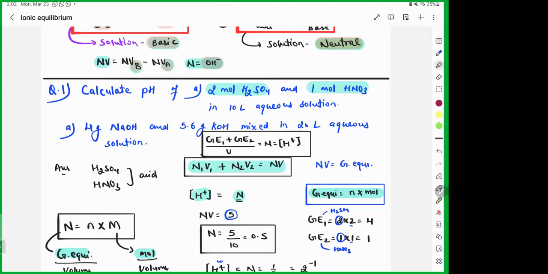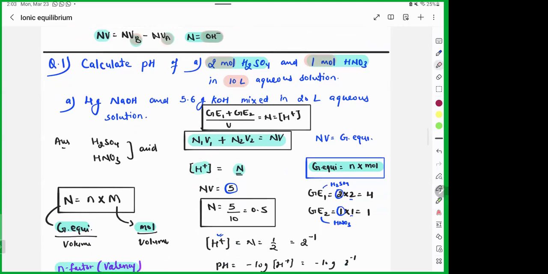Example, in this question, you have 2 mole of H2SO4 and 1 mole of HNO3 in this liter of solution. So if you apply formula N1V1 plus N2V2 equal to NV, why? Because H2SO4 is a strong acid, HNO3 is also strong acid. And how to calculate this normality? N factor multiplied by molarity is equal to normality. Same way, gram equivalent equals valency factor multiplied by number of mole.